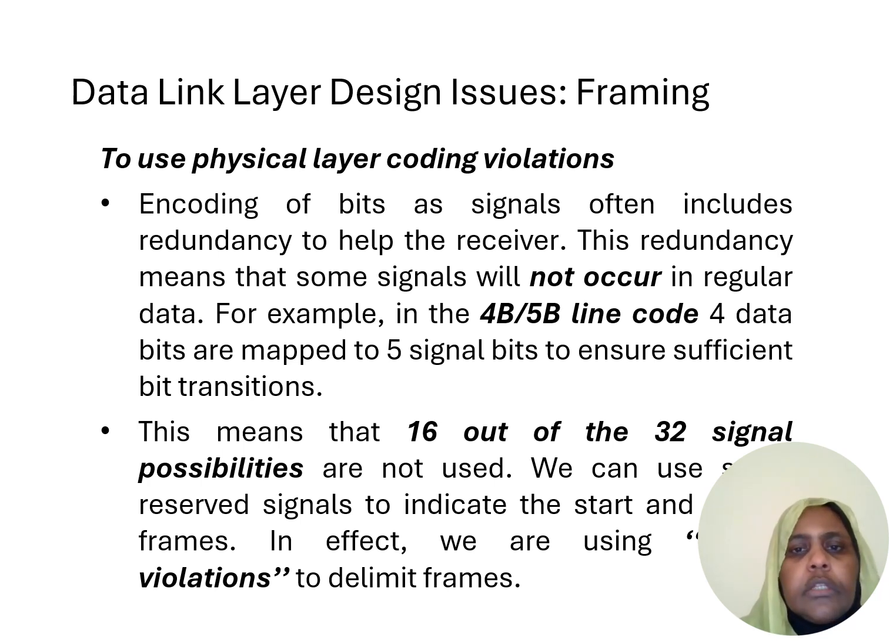For example, 4B5B line code sends 4 data bits on 5 signal bits to ensure sufficient bit transition. This means 16 out of 32 signal possibilities are not used. We can use these signal possibilities to indicate the beginning and the end of the frame.